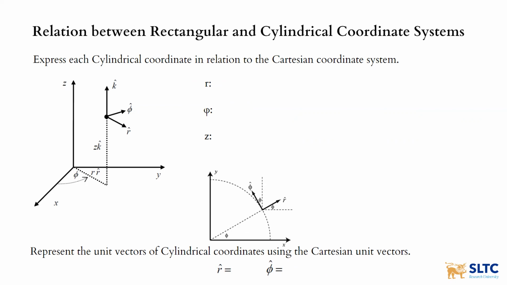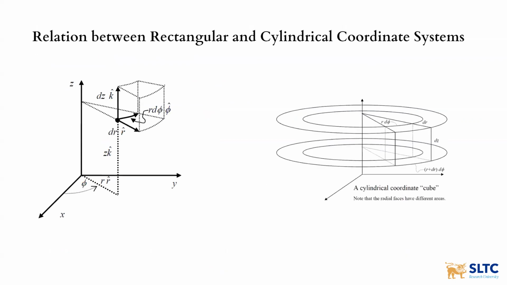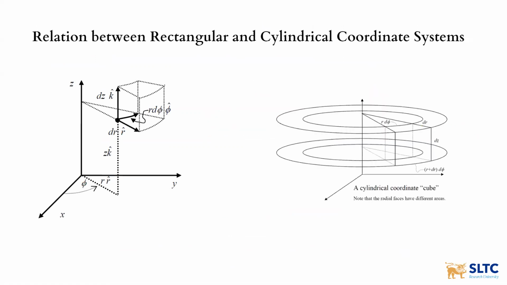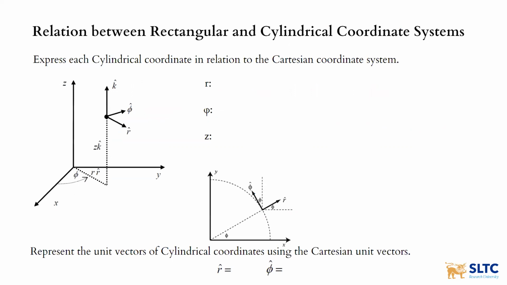We can actually relate the coordinate systems using some relationships between them. As I said before, a cylindrical coordinate system is very related to the polar coordinate system in the xy plane, and the addition is the z axis. So we can write r of the cylindrical coordinate system as the square root of x squared plus y squared.